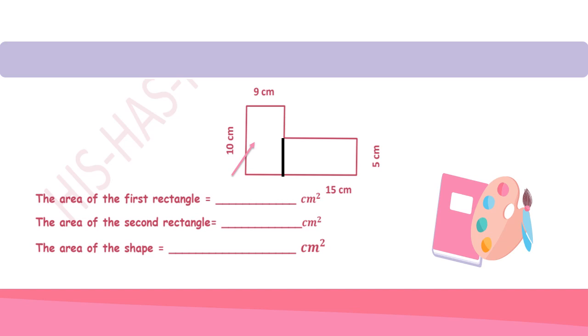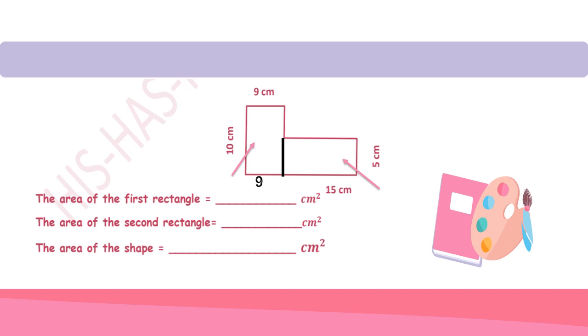But how can I get the other one, this one? If this side is 9, the side in front of it will be 9 too, because each two opposite sides are equal, right? Okay, the side in the base is 15 centimeters.